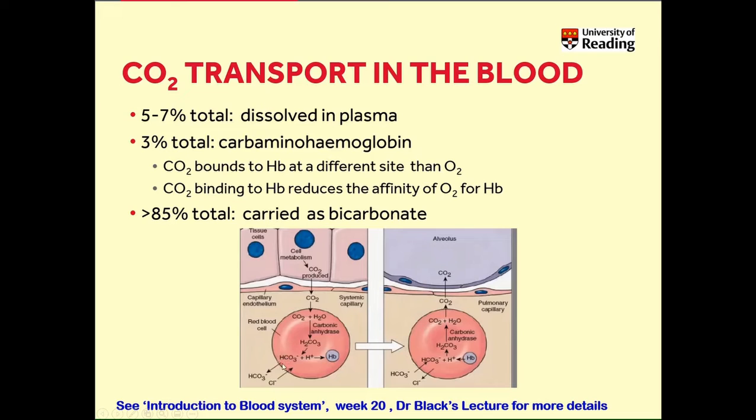Well, it is transported outside the red blood cells into the plasma and is exchanged for a chloride ion. This is called the chloride shift. However, in the lungs, the bicarbonate is reconverted, thanks to the carbonic anhydrase, to carbon dioxide, which is exhaled.